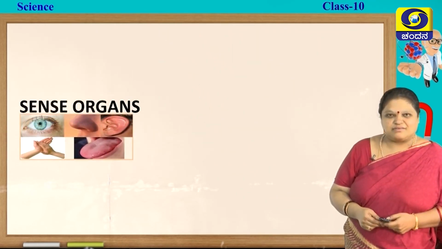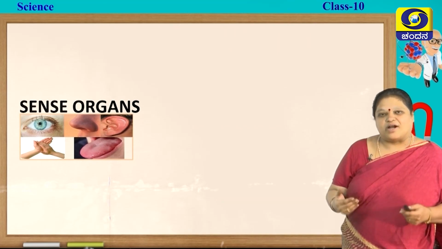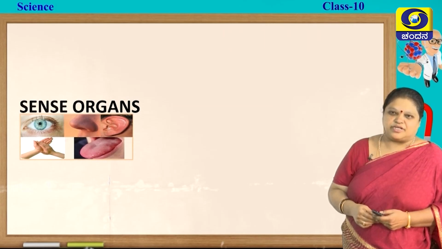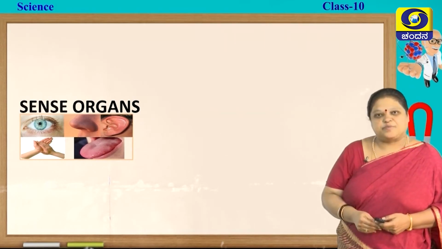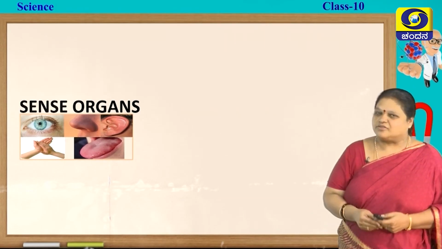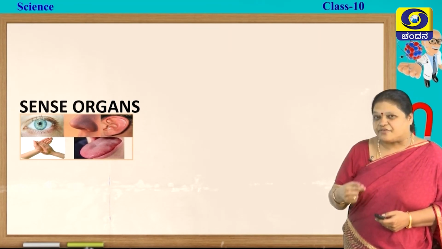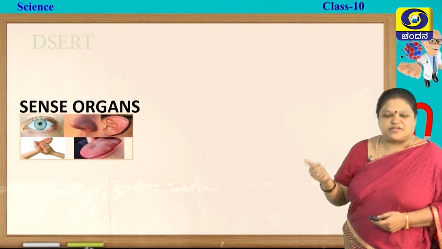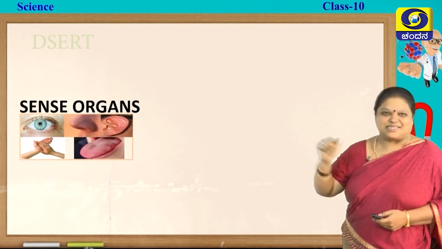Now, let us see how this coordination takes place. Whenever something is thrown at you, you immediately go back. That is because it is responding to stimuli. What are the different parts that help this? First of all, the first part that helps is the sense organs.